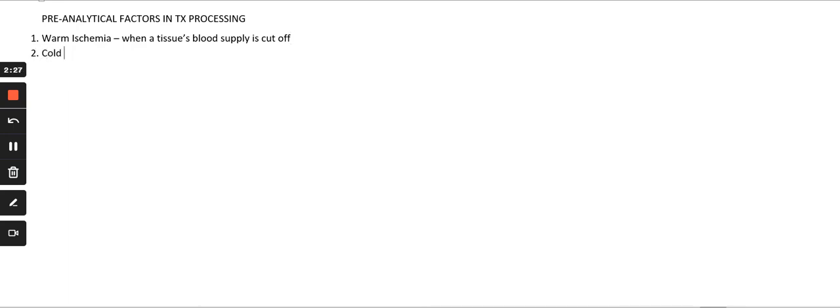Now, another pre-analytical factor, we have what we call your cold ischemia. Your cold ischemia is somewhat different, okay? It also lacks oxygen, but this one, the tissue sample is removed from the patient's body.